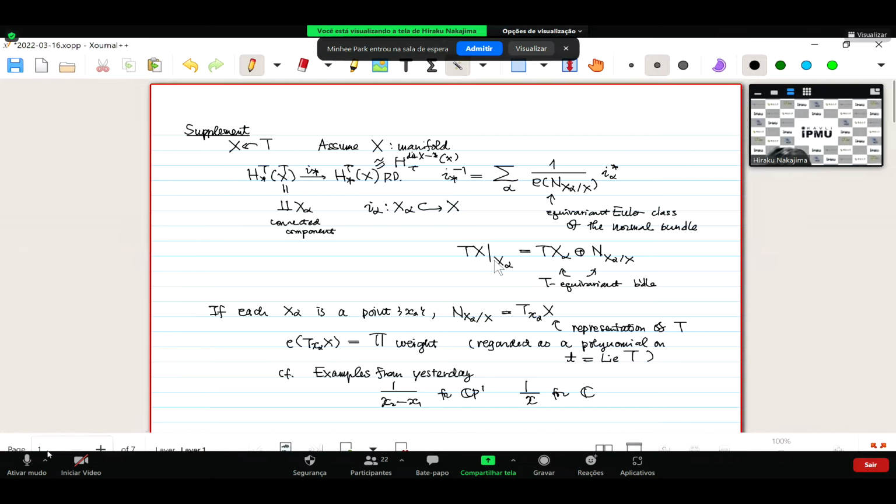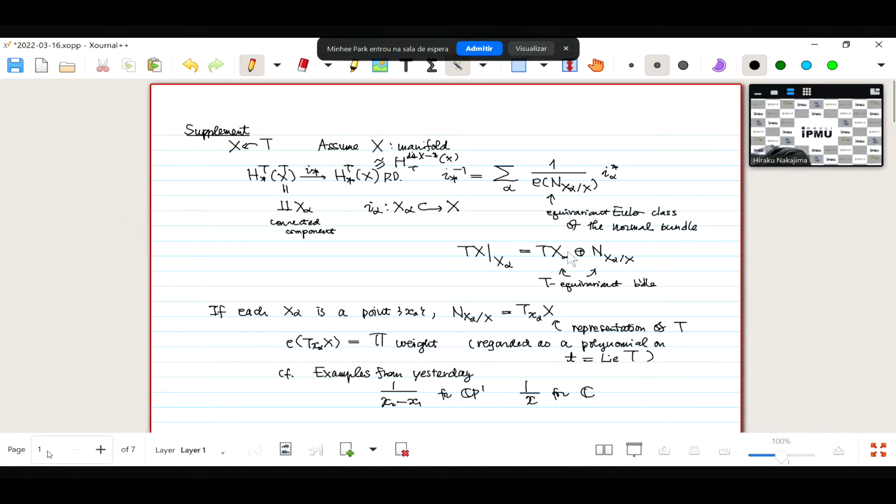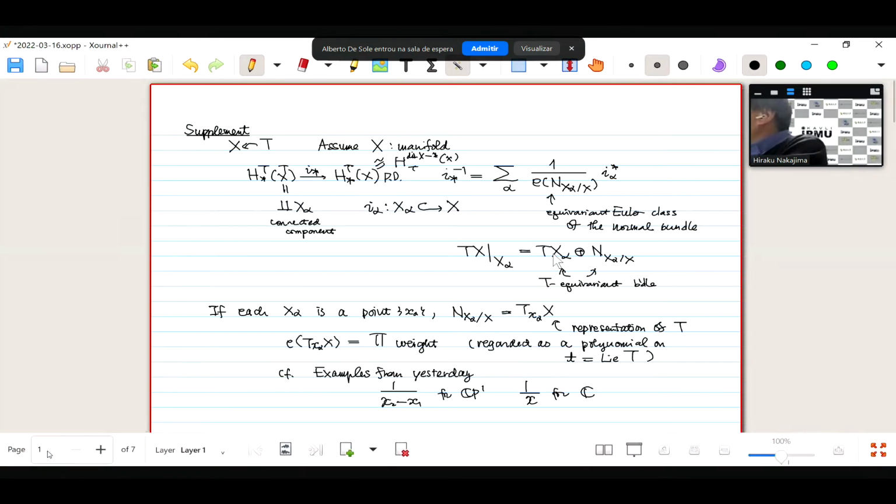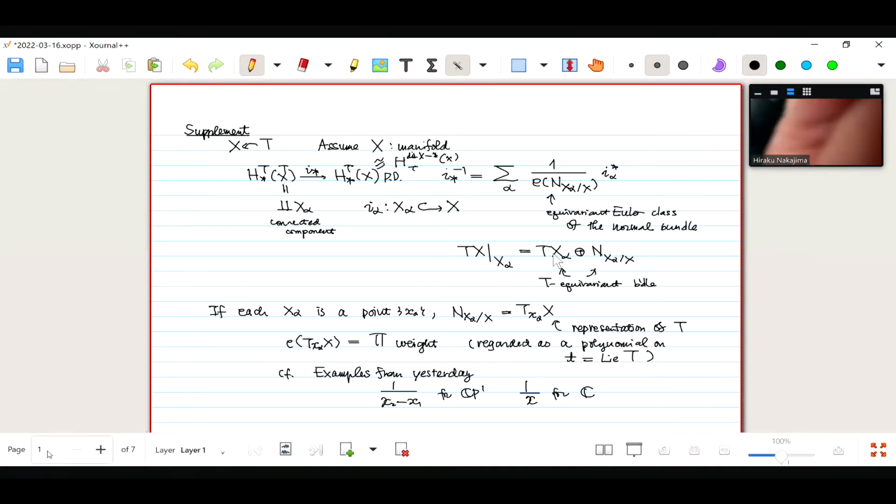So the restriction of the tangent bundle to X alpha contains the tangent bundle to the submanifold X alpha, and then consider the quotient bundle. So this is by definition the normal bundle.